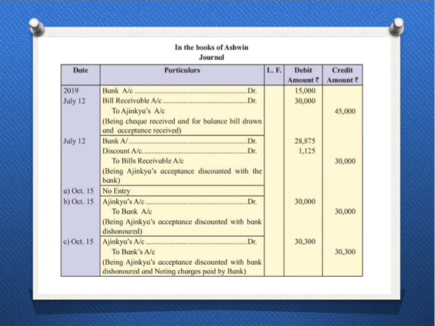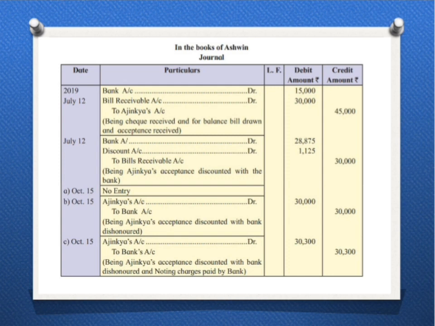Now we will pass the journal entries in both the books, in the books of Ashwin as well as in the books of Ajinkya. Now he received the amount of rupees 15,000 and draws the bill of exchange for the remaining amount of 30,000. So in the books of Ashwin, the first entry will be on 12th July: bank account debit, bills receivable account debit, to Ajinkya's account. Then he discounts on the same date.